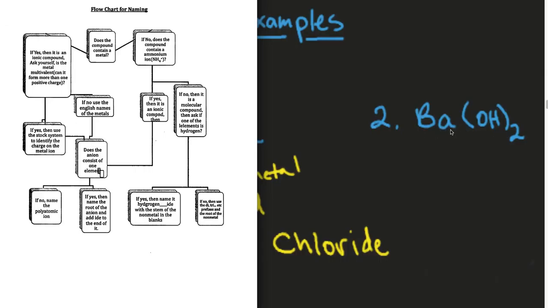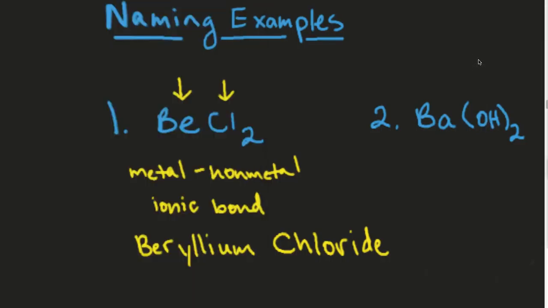Does it have a metal? Yes, barium. Barium is in group 2. It's also an alkali earth metal. So no, we do not use the Stock system. We use English names. Then we come over here. Does the anion consist of more than one element? Yes, it does. It's oxygen and hydrogen, but collectively, when they're grouped together like that, that's referred to as the hydroxide ion.